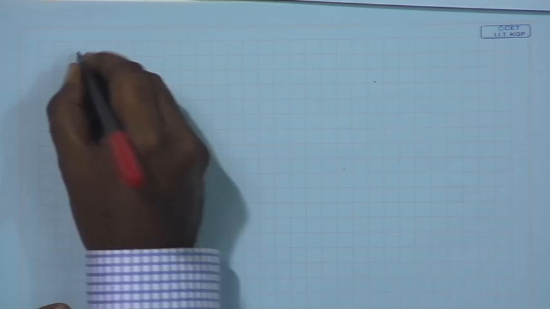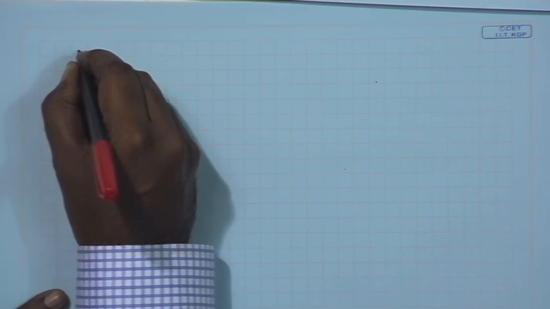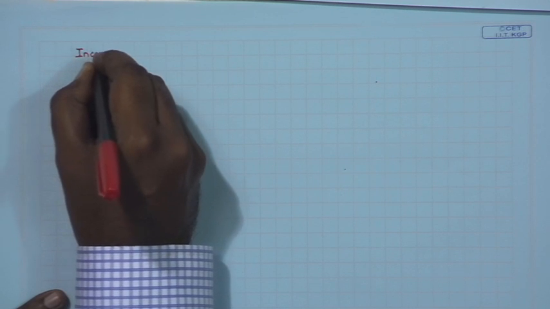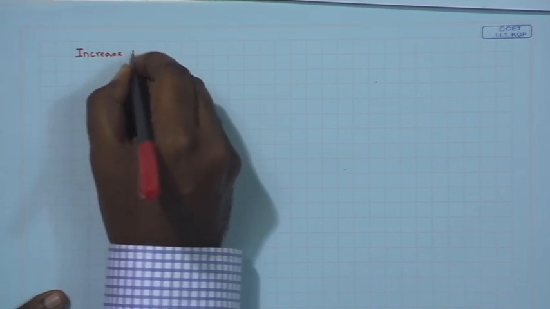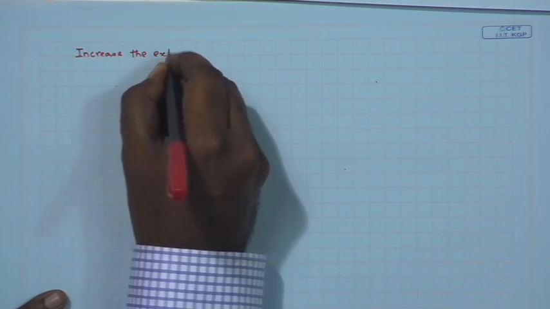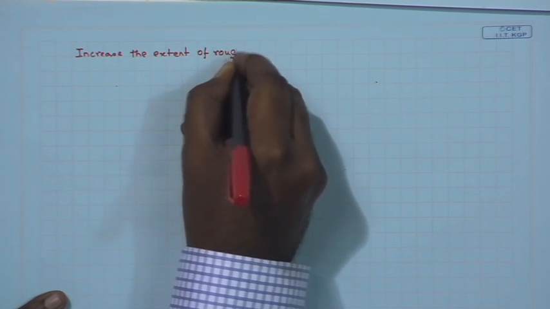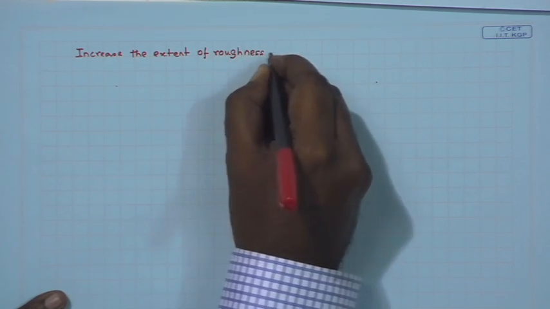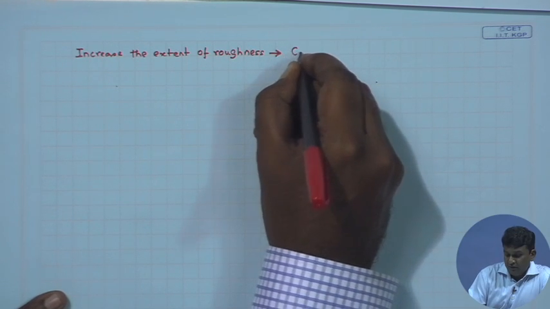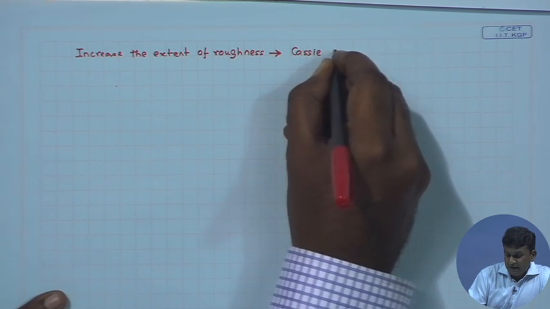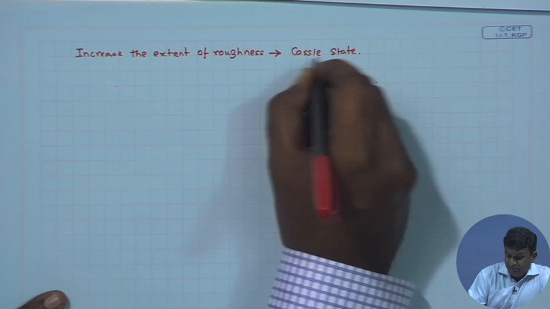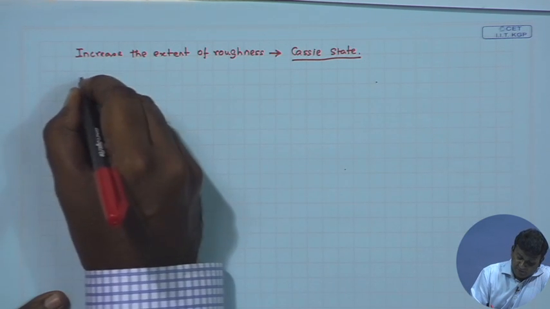So, the statement I make is increase the extent of roughness, there is a possibility of heading towards the Cassie state. And is there a critical roughness? Yes, there is.